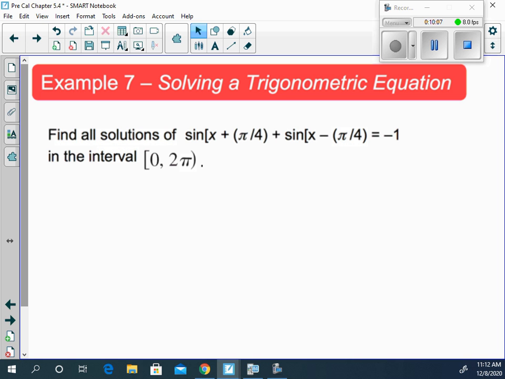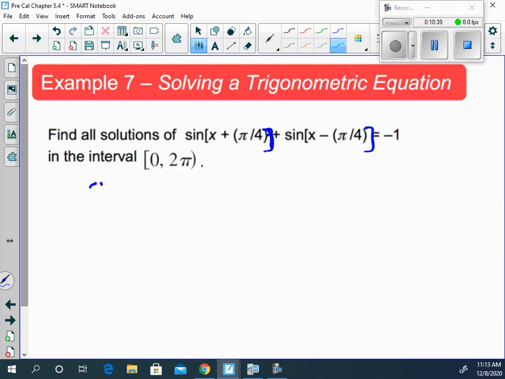Find all the solutions of the sum of sine of x plus pi over 4 and sine of x minus pi over 4, which is equal to -1.